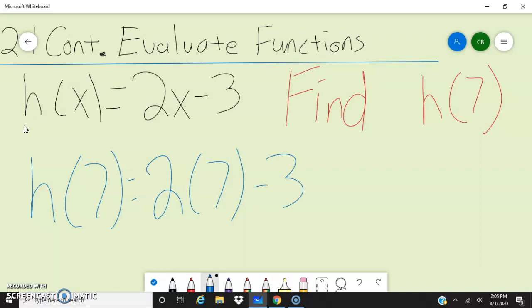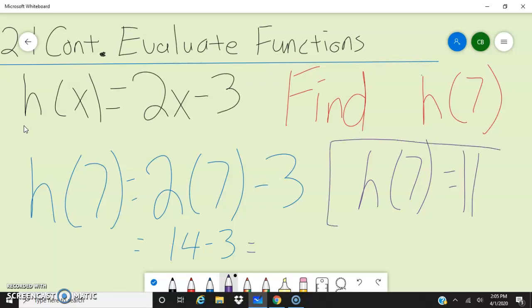Then all we do is simplify. So it's equal to 14 minus 3. So whenever we plug in a 7, h of 7 equals our simplified answer, which is 11.